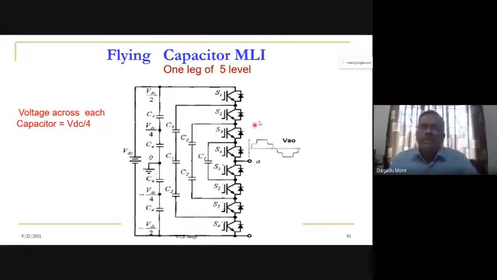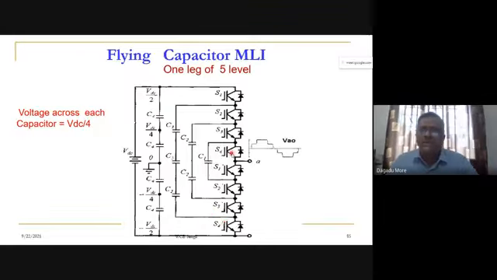Now here we have seen that totally for 5 level flying capacitor MLI, we require 8 switching devices per leg. So S1, S2, S3, S4 will be the upper devices of the leg, and the lower devices we can call S1 star, S2 star, S3 star, and S4 star.